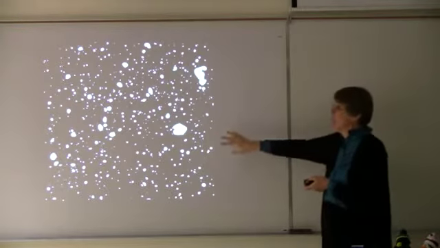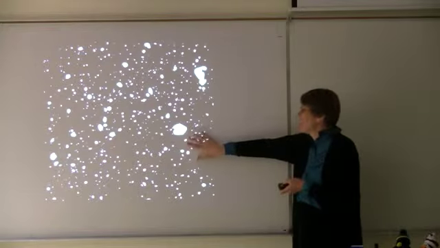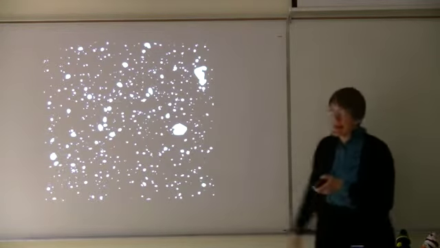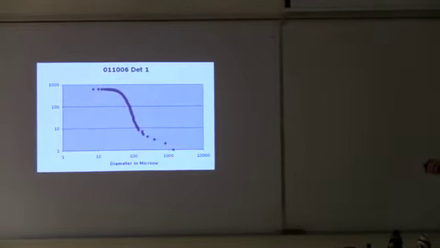We convert those into volumes of the particles, assuming they're spherical, and then using the density of the rock we're working with, we can convert that into a mass. And so we get diagrams that look like this, mass frequency diagrams. This one is still in particle size rather than mass.